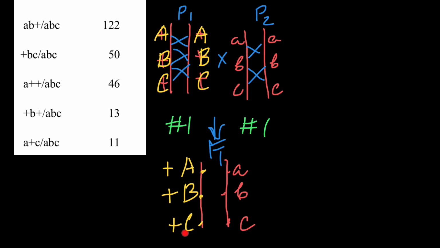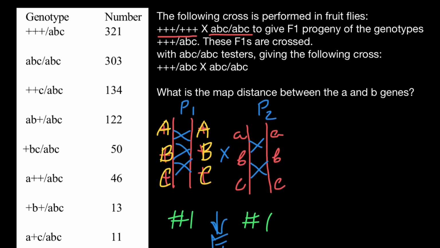Plus just means wild type allele. If we have small c here, that means recessive, and this parent has the dominant, or wild type, allele at each locus. So now I hope these pluses are not going to cause confusion. Now let's read our problem again.